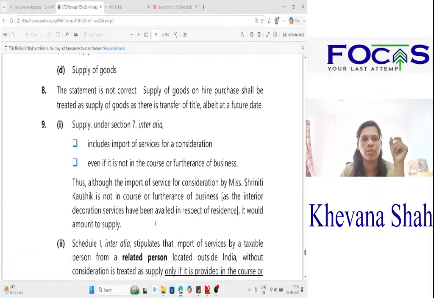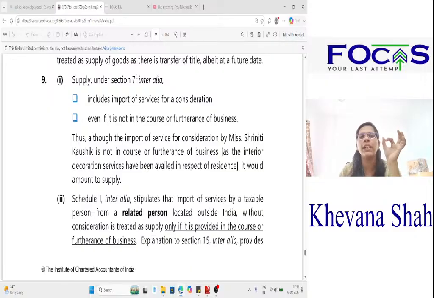See, supply under section 7 inter alia includes import of services for a consideration even if it is not in the course or furtherance of business. So we had seen yesterday that in case of importation of service, whether it is in course or furtherance of business or not, it will still be considered as supply.